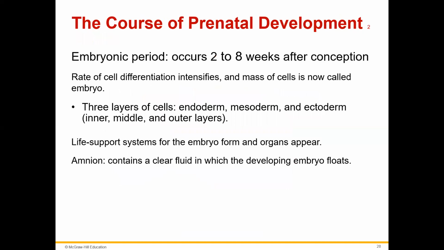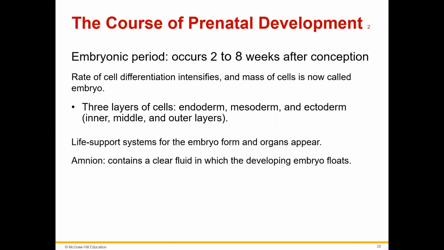The second stage of prenatal development is the embryonic period. During this stage, we refer to the organism as an embryo. As you can see, it's a 6-week period, and finishes around the 2-month mark of pregnancy. The rate of cell differentiation intensifies, meaning that cells start to take on different purposes.